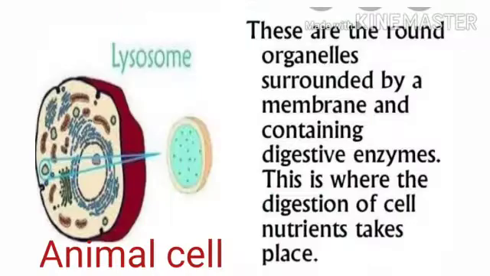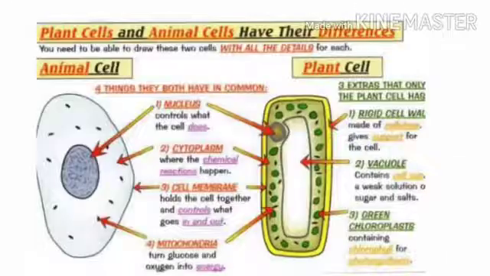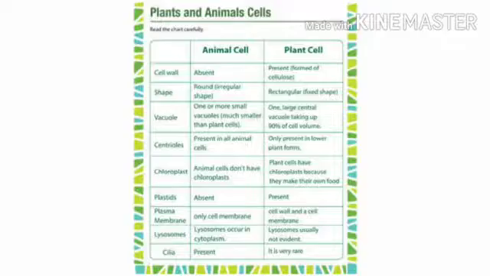But animal cells do have lysosomes, the suicide bags. The cytoplasm of plant cells is less and thinner in consistency, while in animal cells the cytoplasm is dense, granular in consistency. So these are the main differences between plants and animal cells.